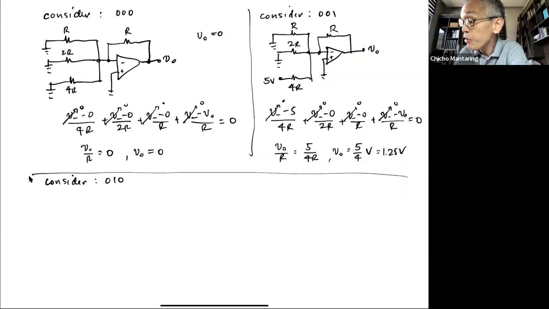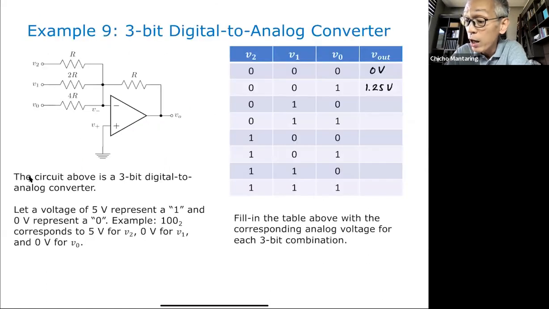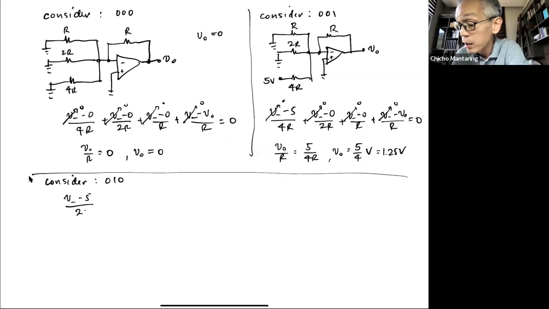If I simplify my equation, I'm going to get V minus 5 divided by 2R plus V minus V sub O all over R will be equal to 0, which will give me V sub O over R is equal to minus 5 volts divided by 2R.